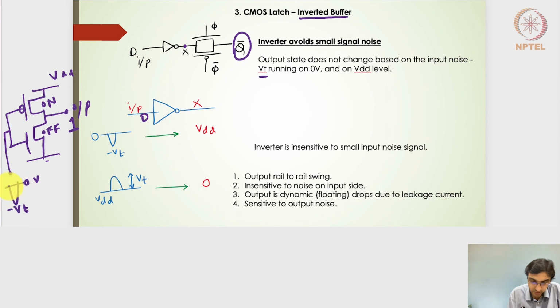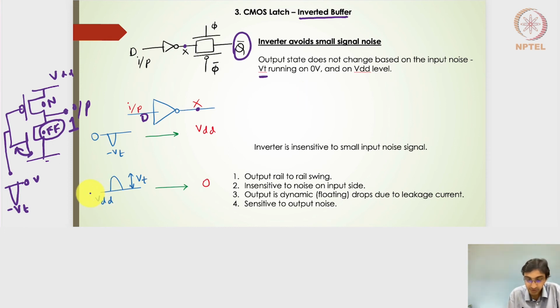Even if it goes to minus Vt here, this will still remain off, because my VGS value will be negative, not only 0, but now negative, and this negative value will not have any effect on the change in the operation of the NMOS, right? So the NMOS will still be off, and there will be no change in the output, no change in the X value, no change in the Q bar value.